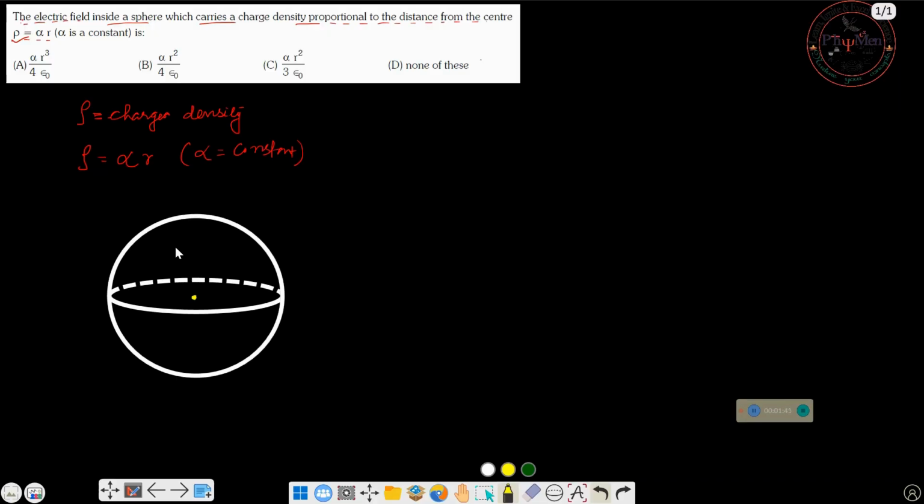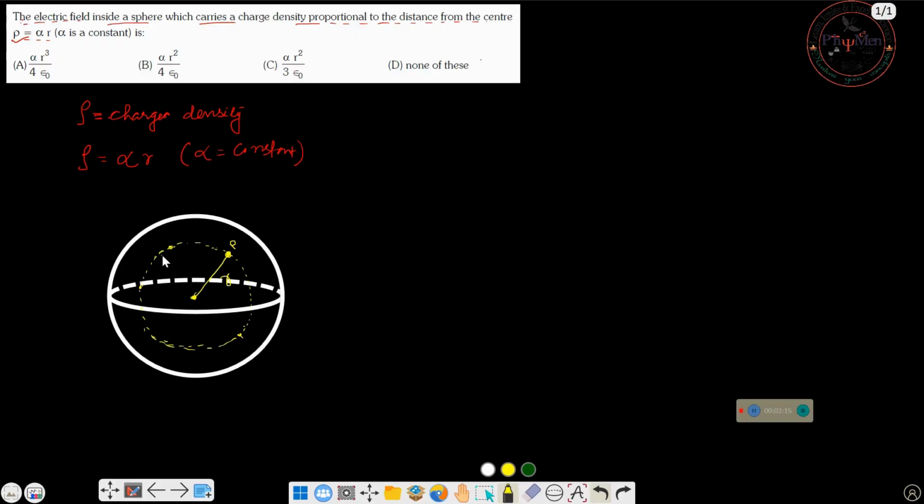We need to find the electric field inside this sphere, so let me take another sphere inside, at a distance r. Here the electric field will be symmetrical. At the distance r, P is the electric field point.